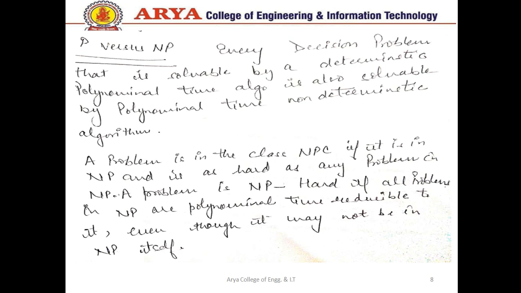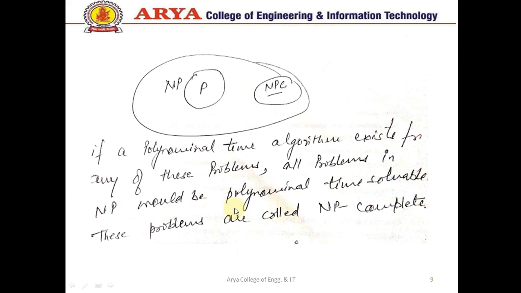That is the NP hard problem. So P versus NP means we have to find the solution in polynomial time, whereas in the case of NP we first prove NP hard, and second show it is in NP. Next, if a polynomial time algorithm exists for any of these problems, all the problems in NP would be polynomial time solvable. These are known as NP complete problems.